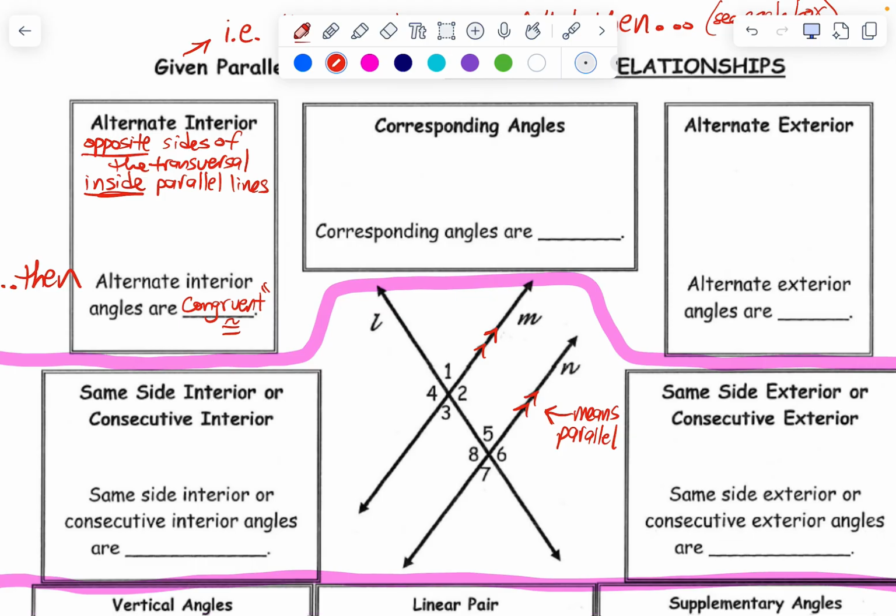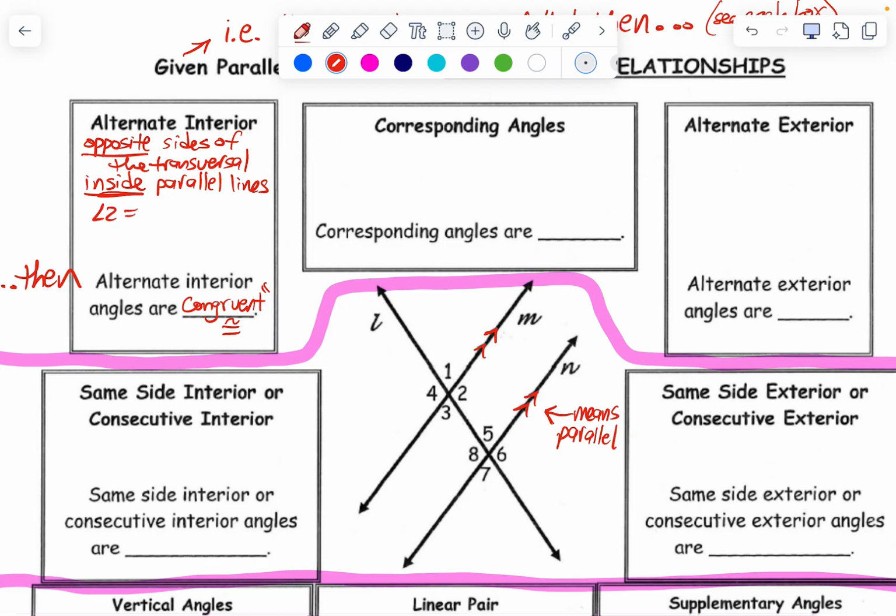Okay, opposite sides of the transversal, inside of parallel lines. Here's how you can tell if it's inside. You don't necessarily need to do this right now on your picture, but you can if you want. If you make a box out of the parallel lines, anything inside that box is interior. So we're talking angles 2, 3, 5, and 8 are inside that box, or interior. So with that said, which two pairs are alternate interior? Good.